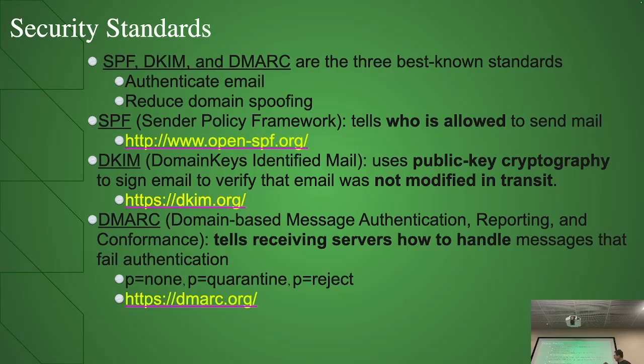And then, of course, DMARC kind of pulling it all together and tells the servers how to handle messages that fail authentication. So they don't recommend p=none. P stands for policy, so policy for none, quarantine, or reject. A lot of times I'll see either quarantine or reject.